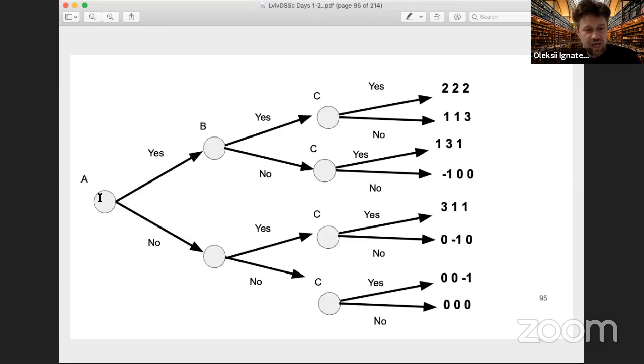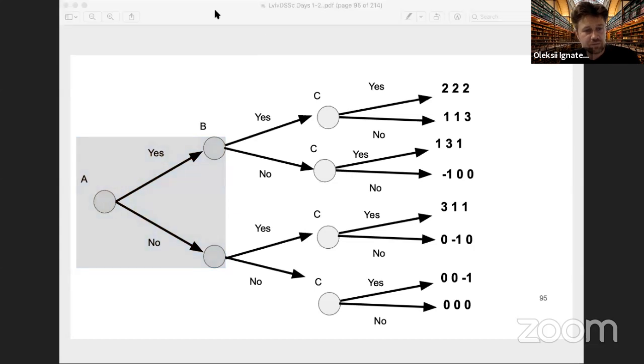So then we build this tree. We have A, and he can choose yes or no. Then we have B, and B knows the decision of A. So B has two decision nodes, and A has only one.